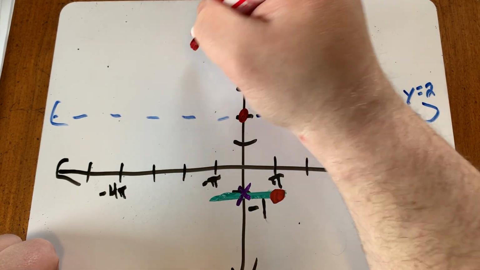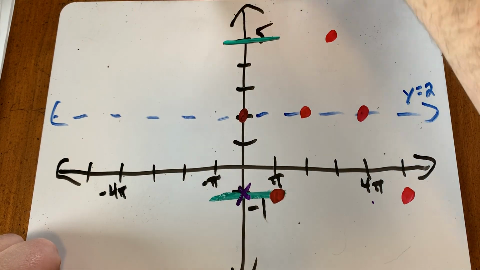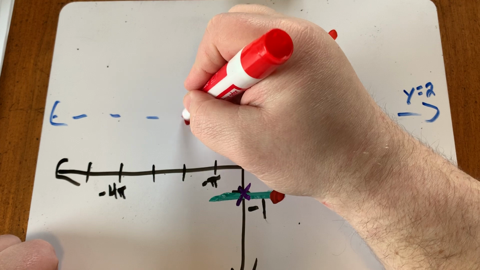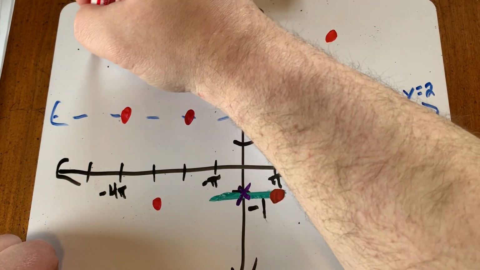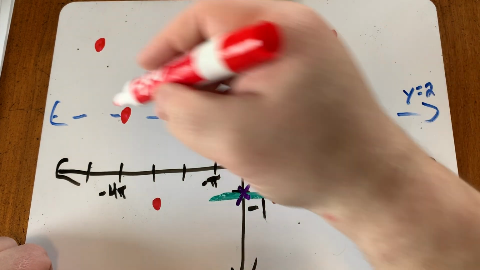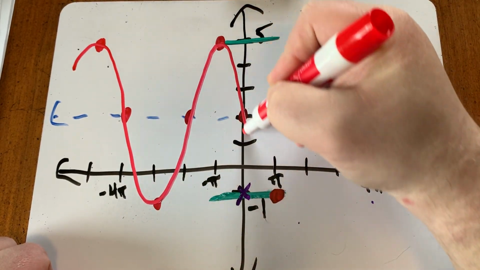A quarter of a period before, oops, that's too far. A quarter of a period before, we're at the maximum. Then back at the axis, minimum, axis, maximum. So we have our points, and we can draw a curve between them.